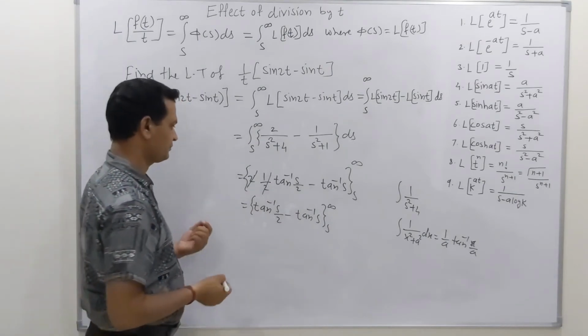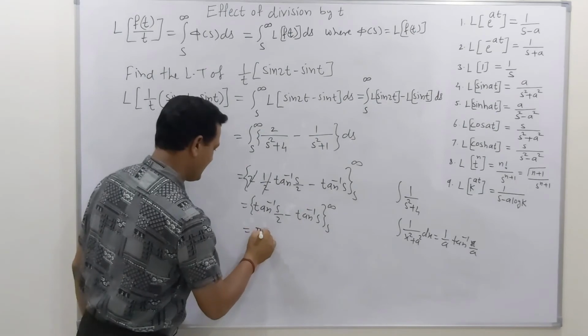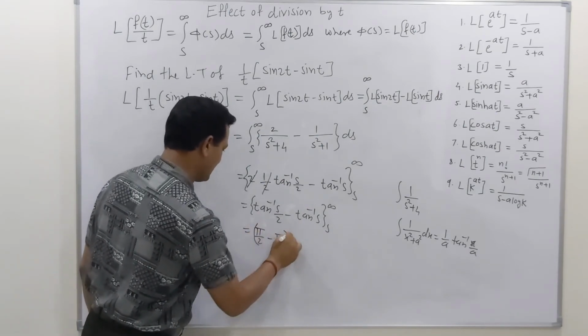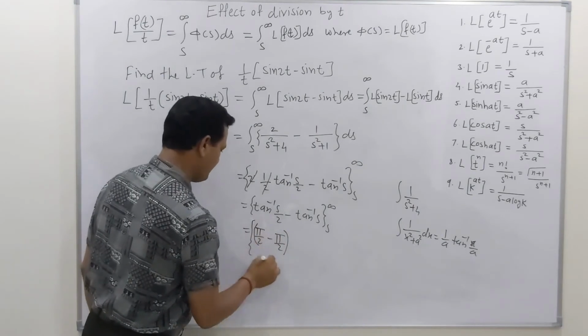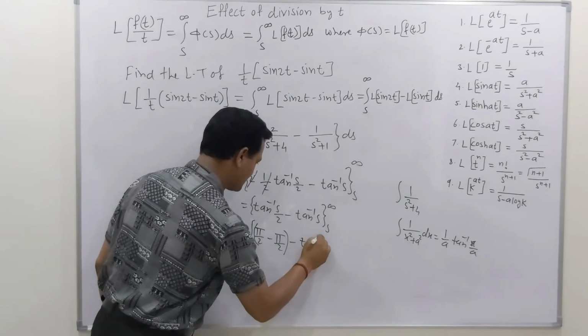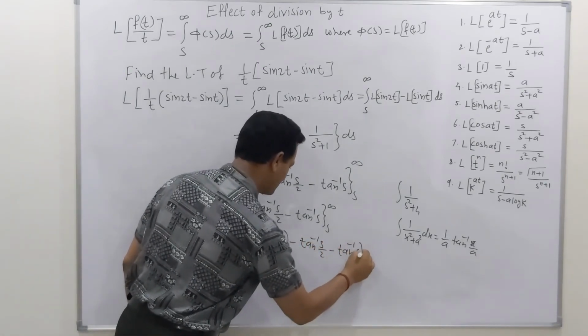So we know that tan inverse infinity is pi by 2, minus pi by 2, so this is the value of the upper limit, then minus the value of the lower limit, which is tan inverse s by 2 minus tan inverse s.